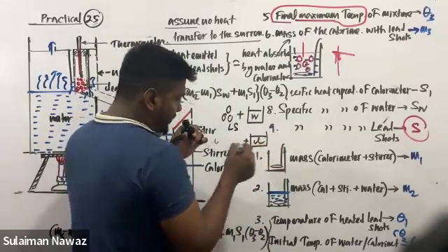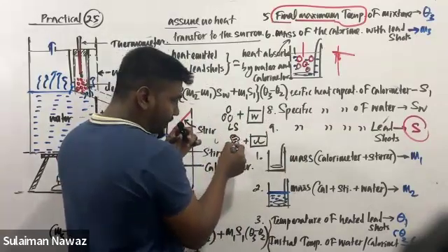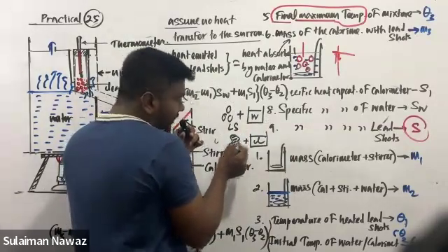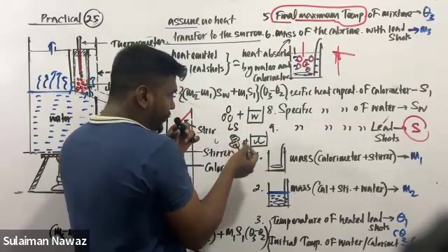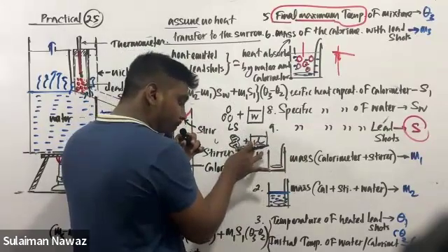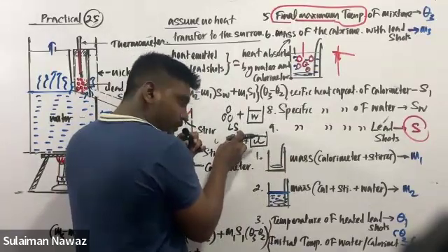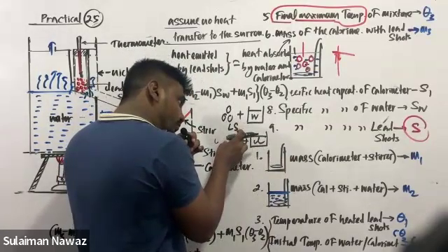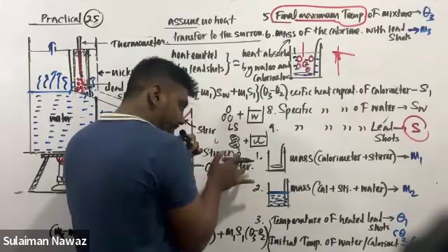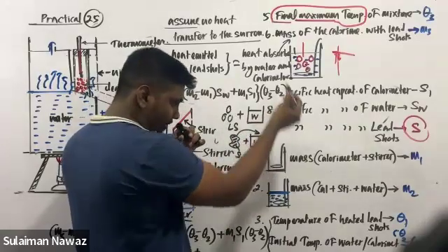And you should have some kind of solid. It can be lead shots also, but you should know the specific heat capacity of that solid. Same story. Instead of water, replace water by the liquid whose specific heat capacity you want to measure. Then use a known solid, one whose specific heat capacity you know, put that into this liquid and follow the same thing.